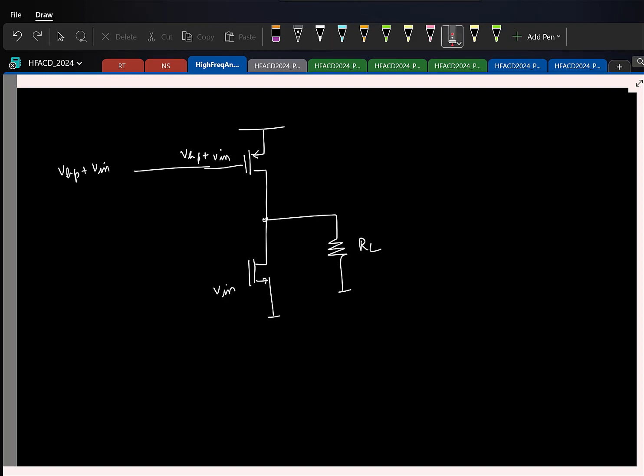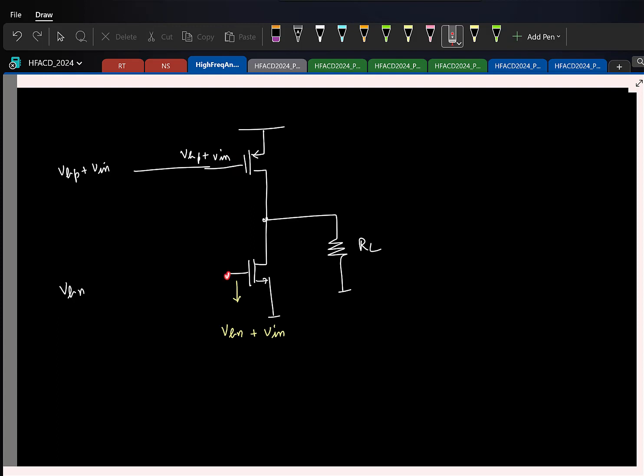But for the NMOS I can't use the same voltage. So let us say I get some other bias voltage VBN. But I want the small signal Vin to be directly added here, so the final voltage should be the required bias for the NMOS plus the entire small signal.